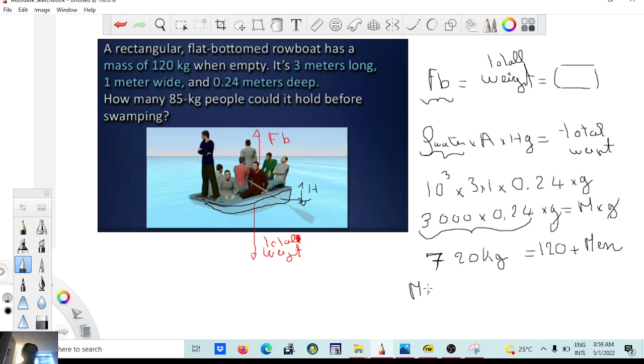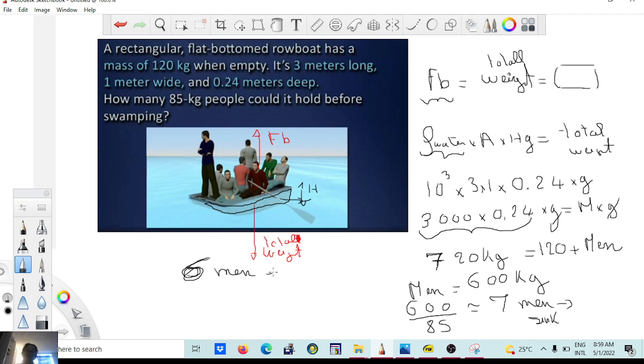So the mass of the men is going to be 600 kilograms. 600 kilograms divided by 85 per man is about 7. So with 7 men, you're going to sink. The only way it floats, like it's really about to sink, is with 6 men. So that will be the answer.